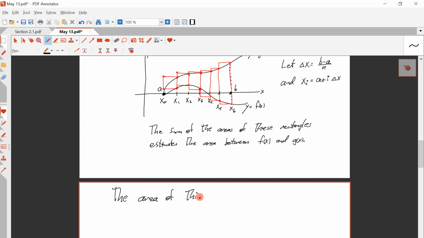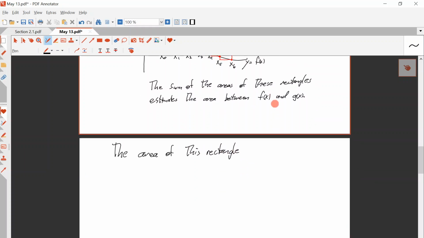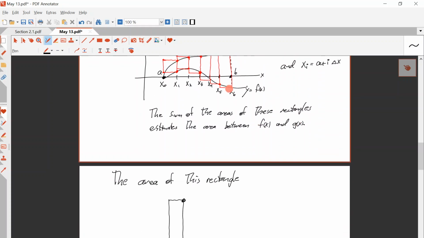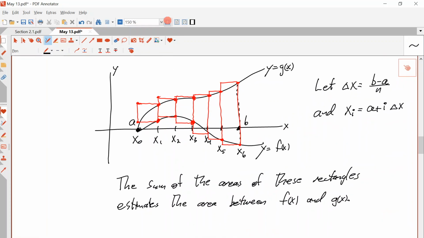Okay? But before that, the area of this rectangle. So here's a rectangle. What is the area here? Well, what are this point and this point? This point on the right, this is g of x6.